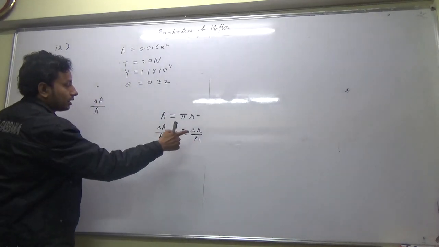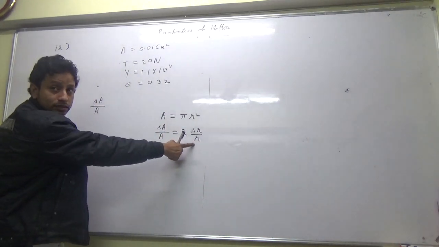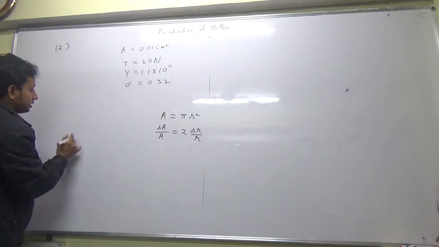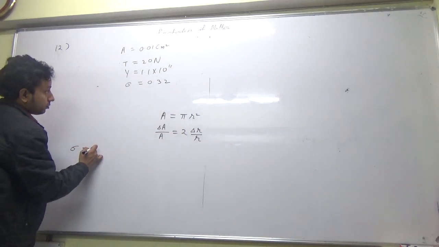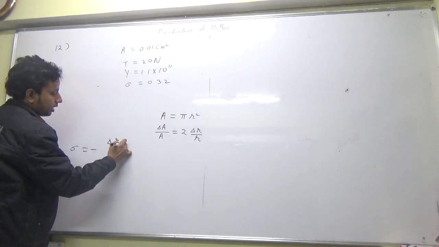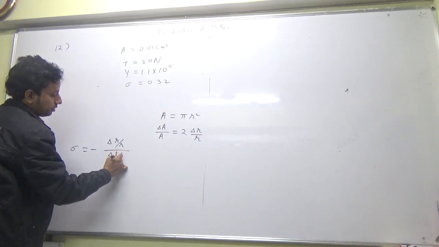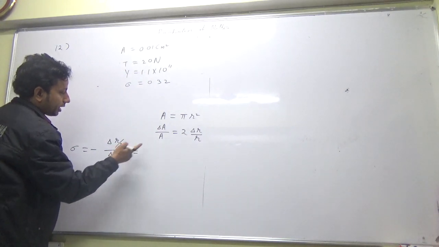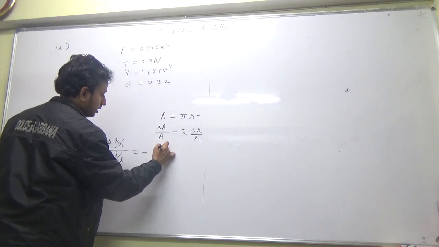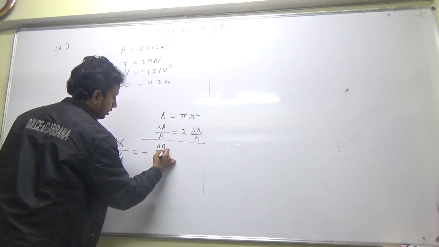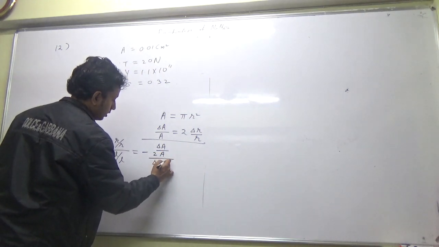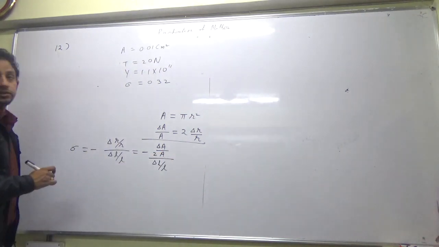So this is the lateral strain. Now we will write Poisson's ratio equal to minus delta r by r divided by delta L by L, and delta r by r can be written in terms of delta A by A, that is delta A by A divided by 2 delta L by L. So this is the Poisson's ratio.